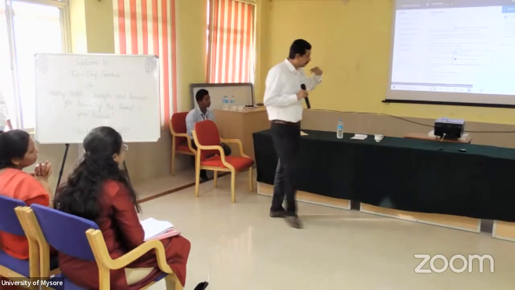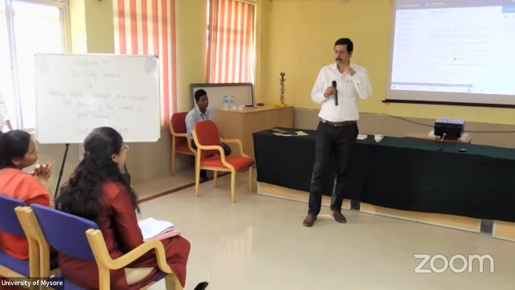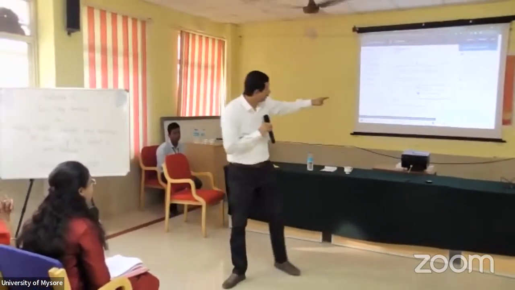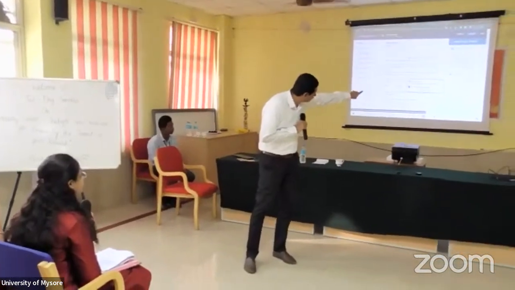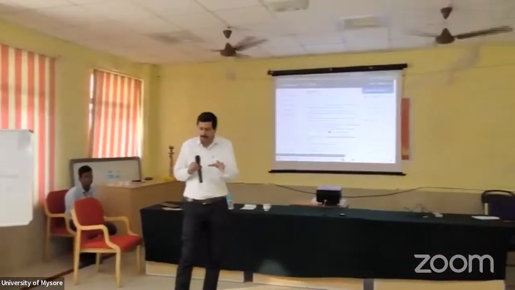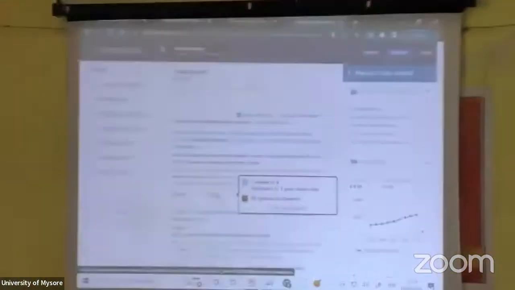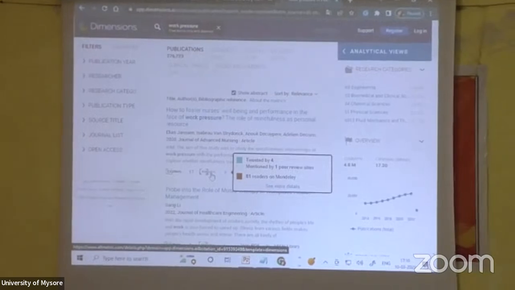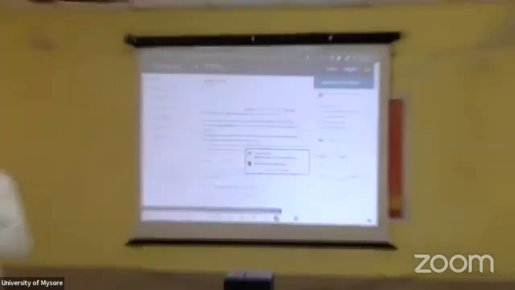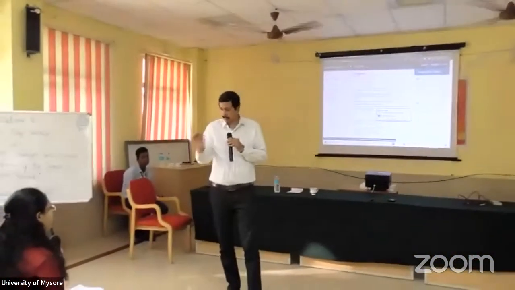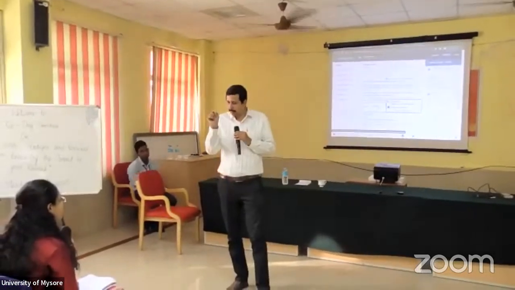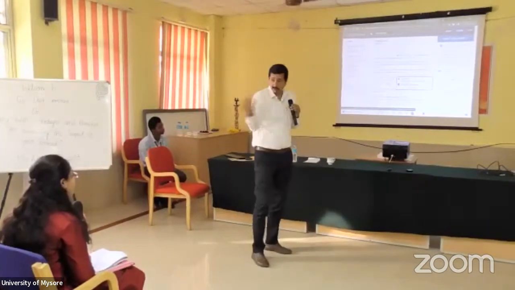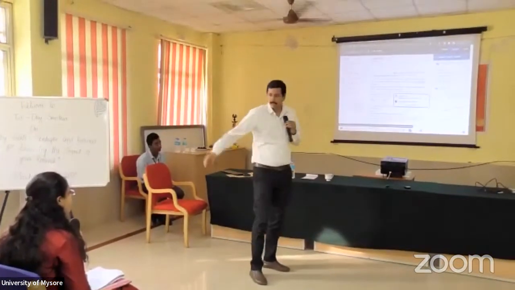See, I am basing my decision as to which topic I should pursue for my research on this citation potential. I call it citation potential because based on the current data, on the law of probability, I say if I publish an article on the topic work pressure, my article may get 76.